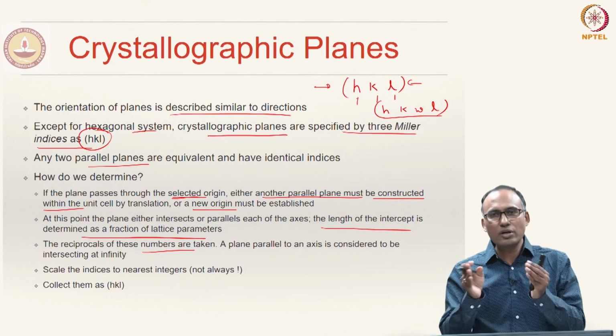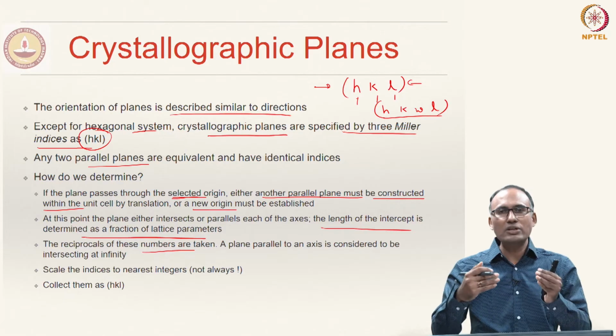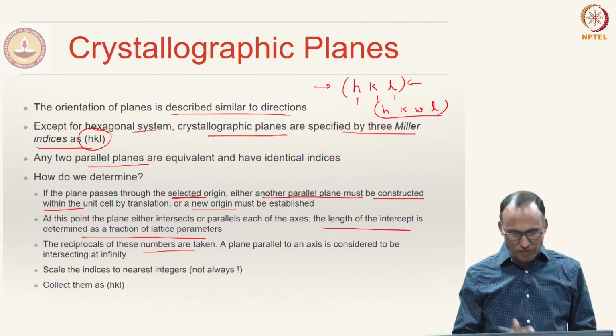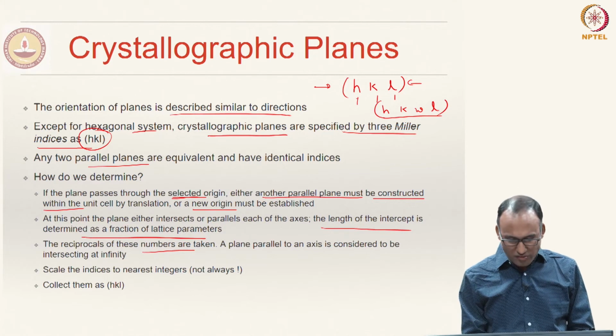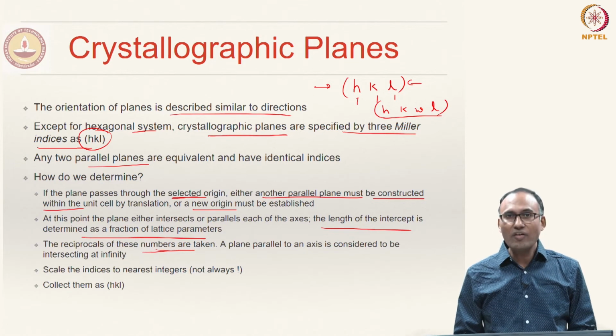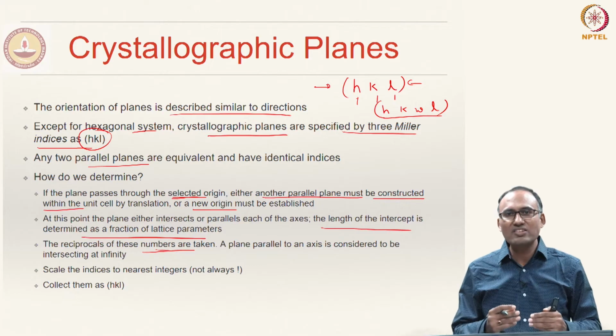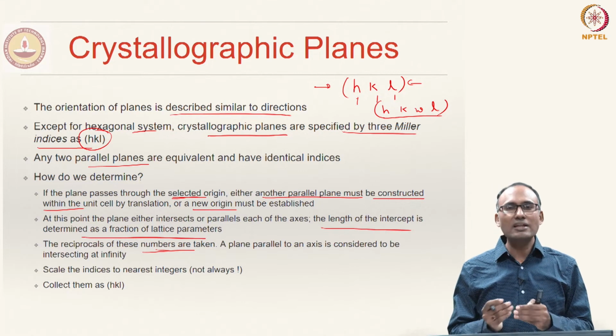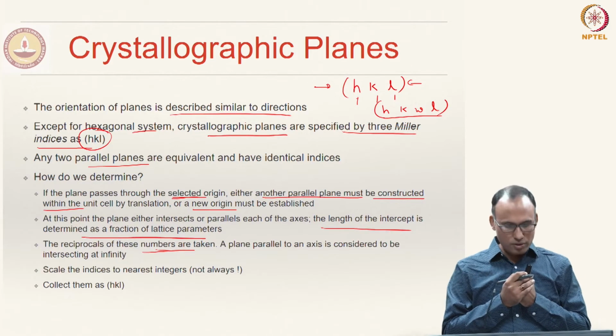If it is intercepting at a distance a by 2, then you have to write 1/2, right. And then you take the reciprocals of them. If a plane is parallel to the x axis, that means it is intersecting the x axis at infinity, and the reciprocal of that will be 0.